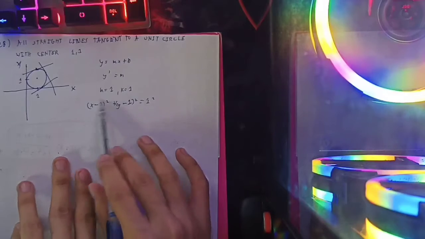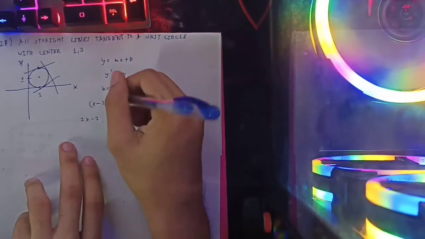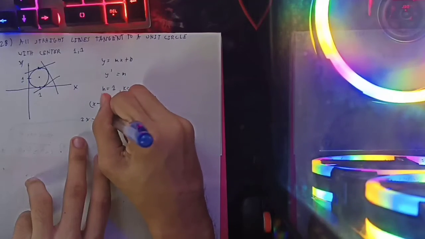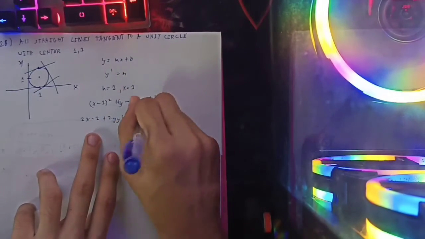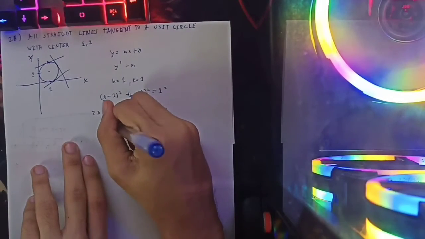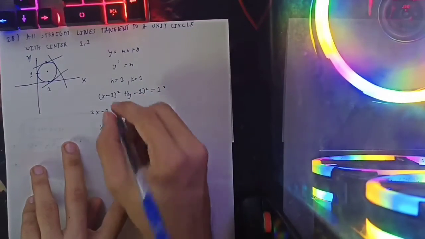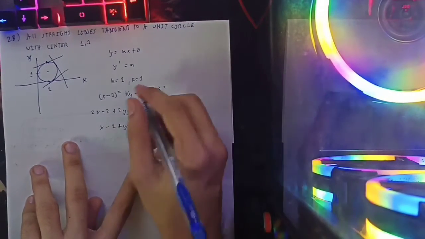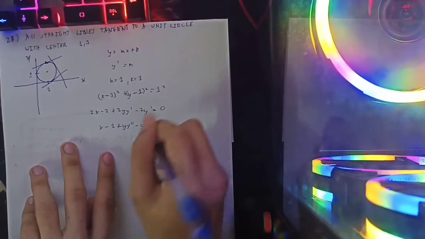So taking the derivative of this, we got 2 times x minus 1 plus 2 times y minus 1 times y prime is equal to 0. Simplifying, we got x minus 1 plus y minus 1 times y prime is equal to 0.